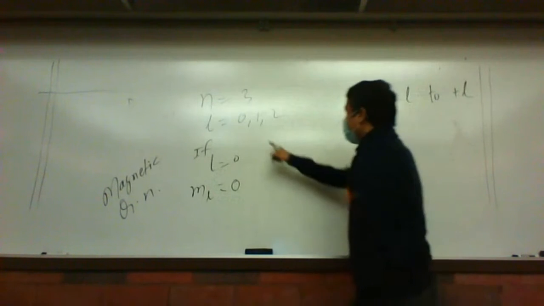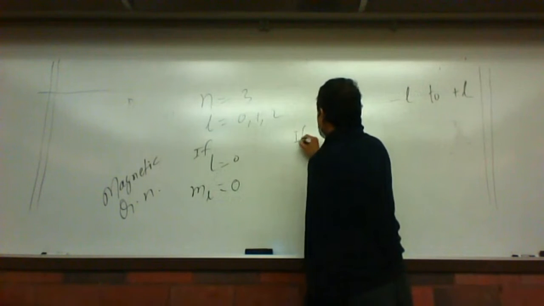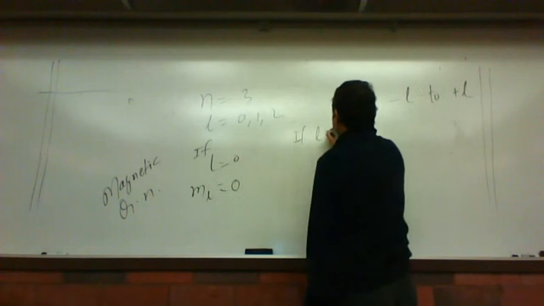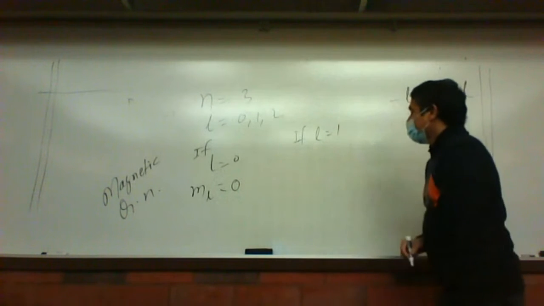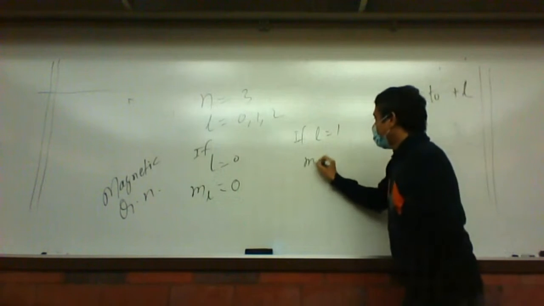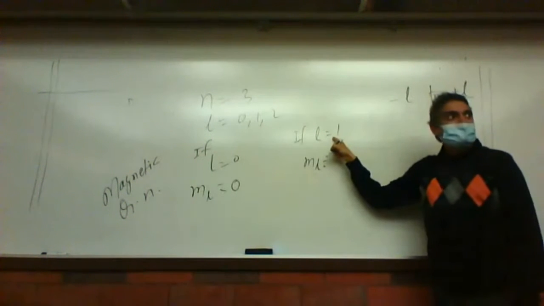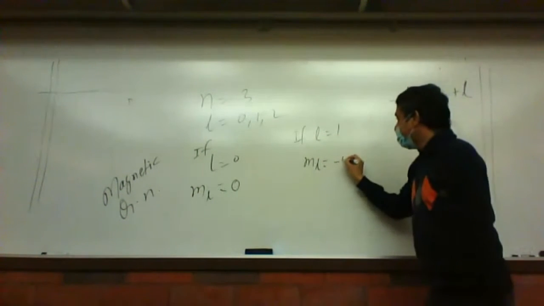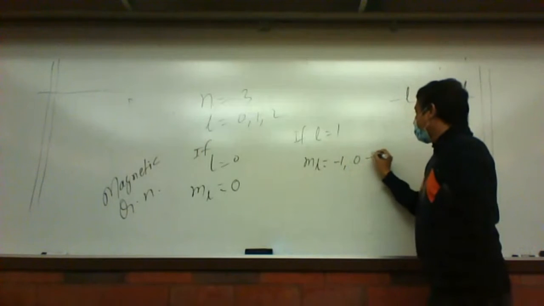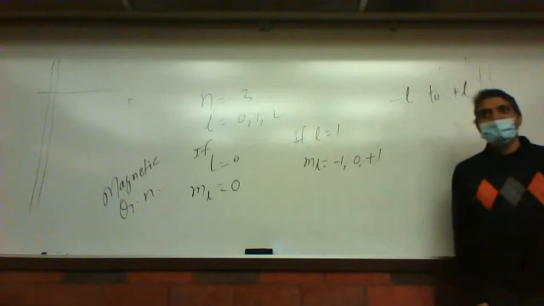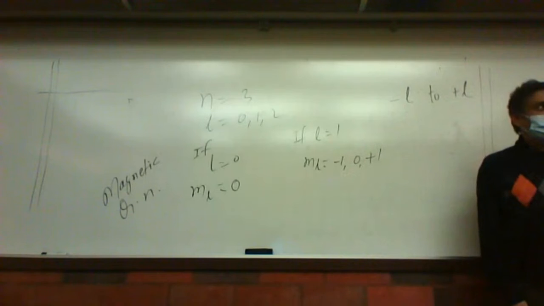Now, if azimuthal quantum number L is equal to 1, what is the value of ML? It's minus L to plus L. So this is L equal to 1, right? So write minus 1, 0, plus 1, like this. 3 values. Make sense?